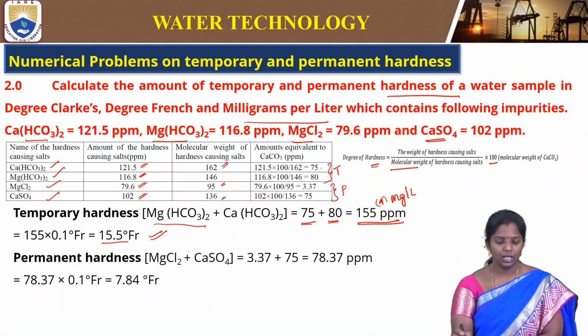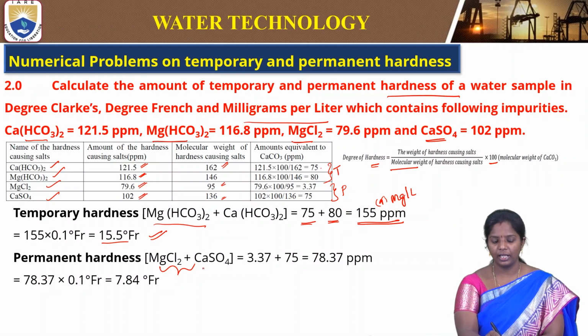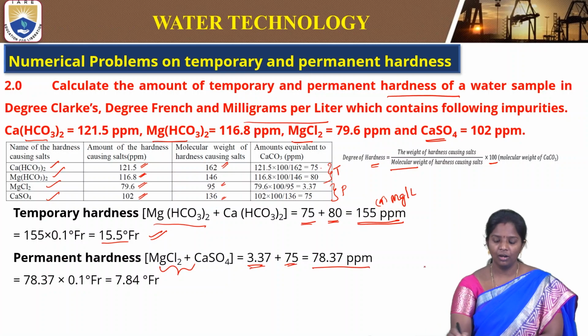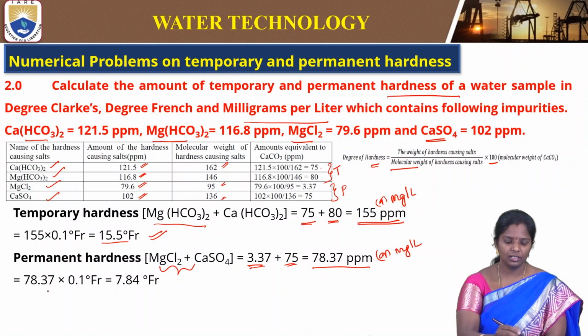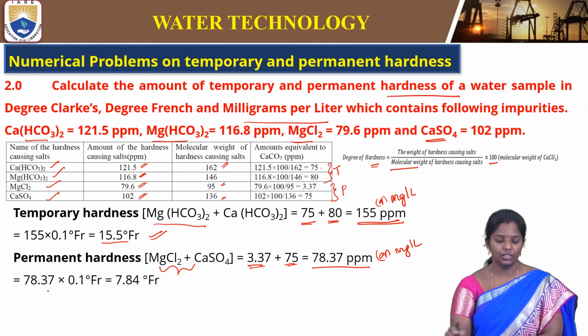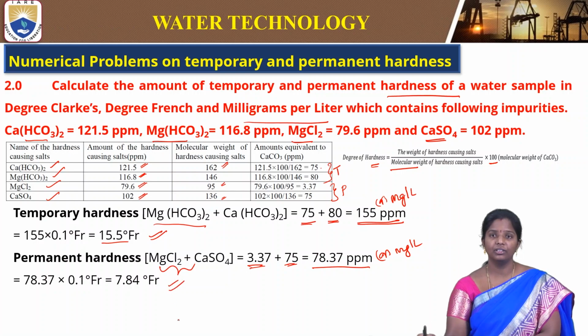Then permanent hardness is caused by chlorides and sulfates of the metal ions or the alkali metals. So magnesium chloride plus calcium sulfate is 3.37 plus 75, giving 78.37 ppm, or milligram per liter. So 78.37 into 0.1 will give 7.84 degree French.